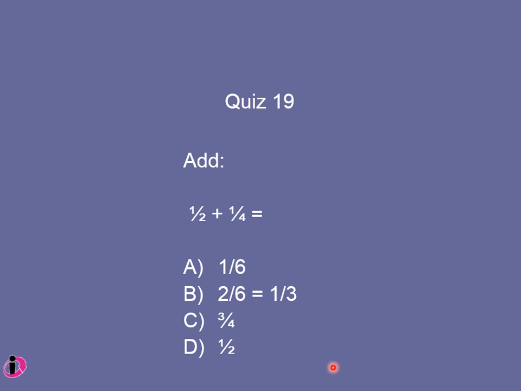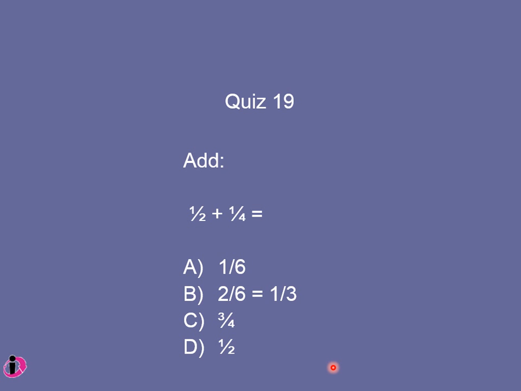If I want to make the denominators the same, I have to multiply both numerator and denominator of the first by 2. That becomes 2 over 4, and the second number is 1 over 4. Now my denominators are the same, and I only add the numerators, which makes it 3 over 4.